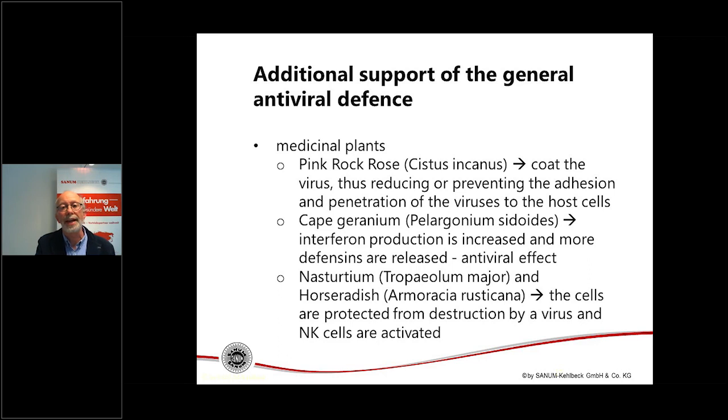Plant extracts are not absorbed by the cell and unfold their antiviral potential through direct interaction with the virus. They coat the viruses, thus reducing or preventing the adhesion and penetration of the viruses to the host cells. If the polyphenols are removed from the extract, it loses the antiviral effect.